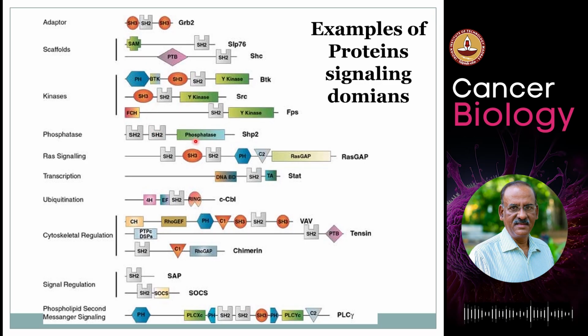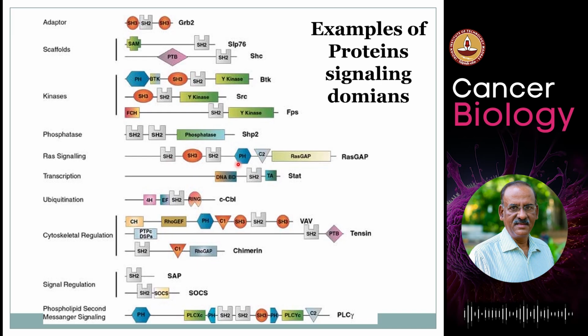And then let us look at a phosphatase called SHP2. You can see that it contains two SH2 domains. You can look at that here. Similarly, in RAS signaling, you have what are called RAS GAP proteins. They have PH domains, SH3 domain, and SH2 domains also.